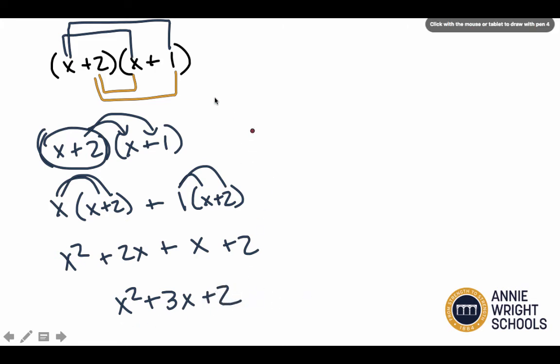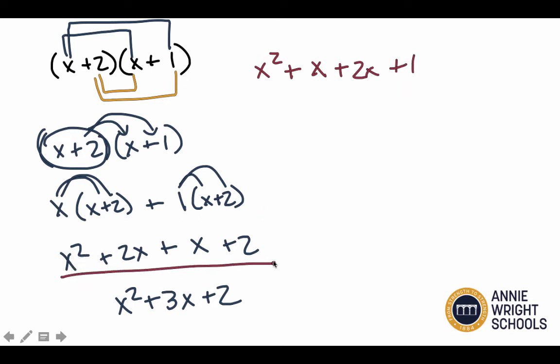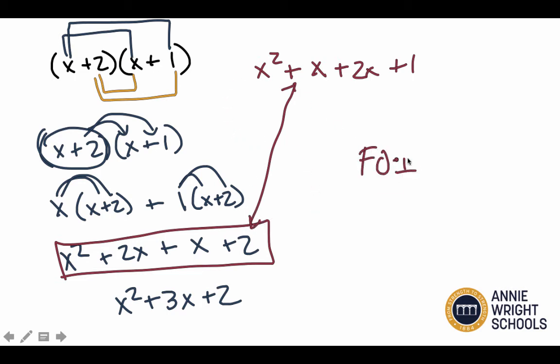If you use this FOIL method, you get x squared plus 3x plus 2, which is the exact same thing as this. So I know some mathematicians that really hate the term FOIL, and they hate it because it cheats you out of knowing what's actually happening, which is just the distributive property twice.